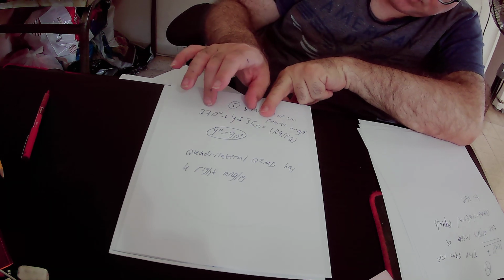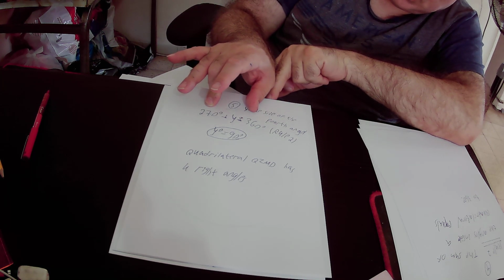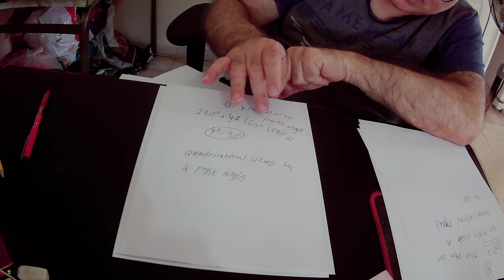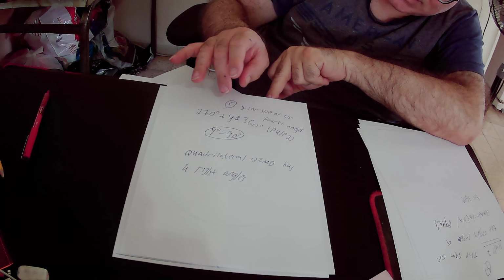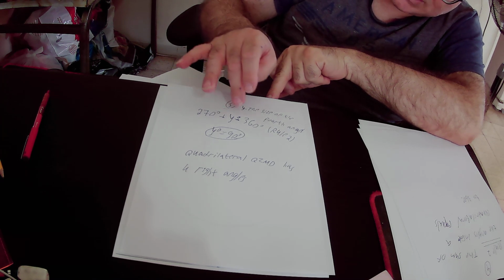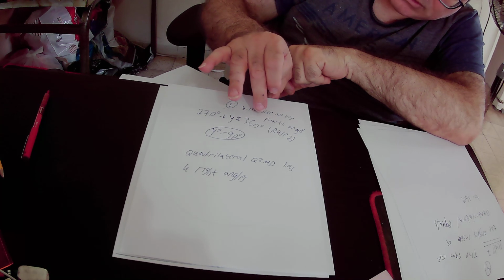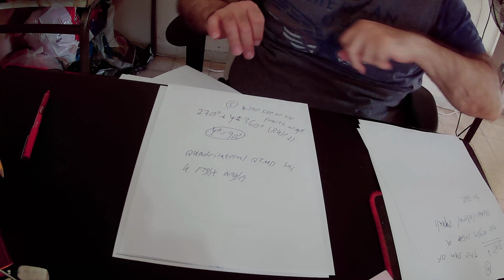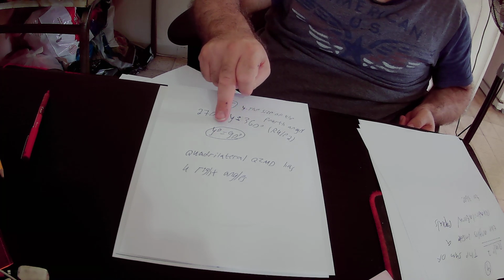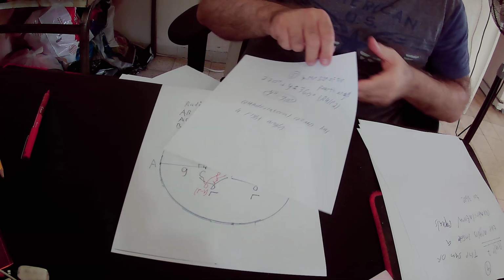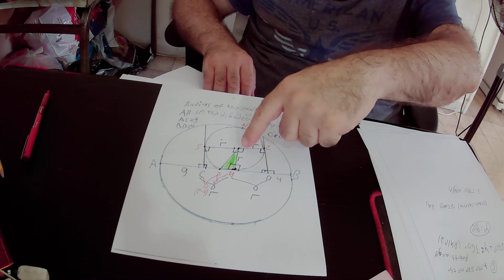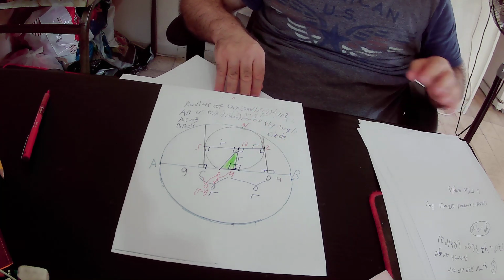Here we subtracted 270 degrees from this equality and we got that Y equals 90 degrees. So the 4th angle is also a right angle in quadrilateral QZMD.